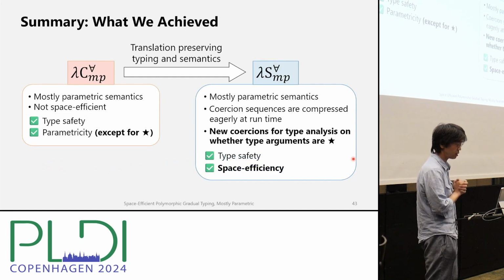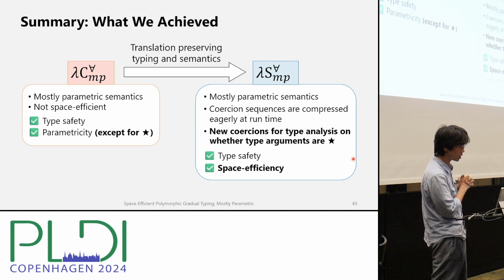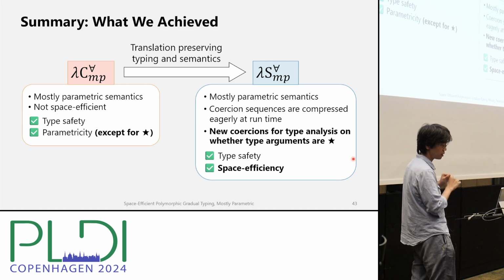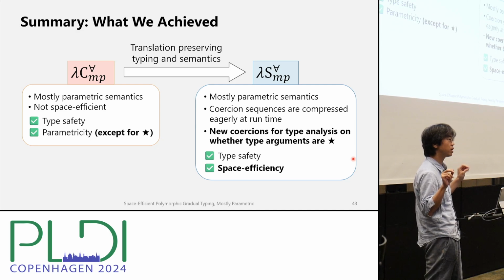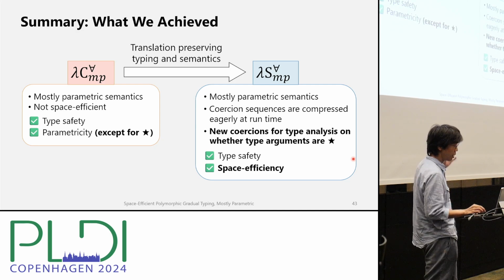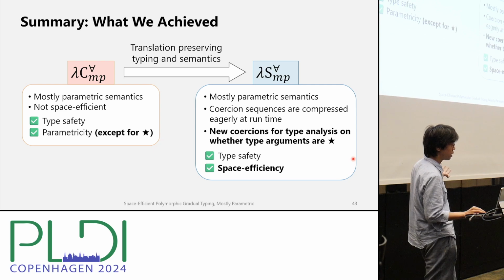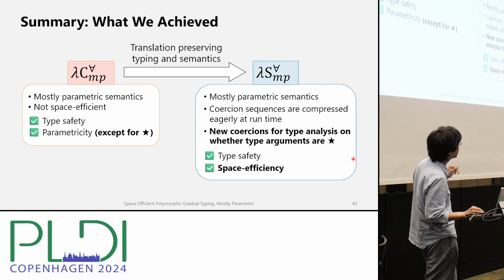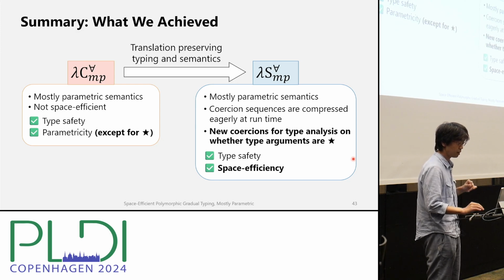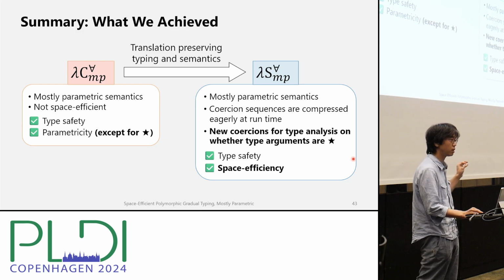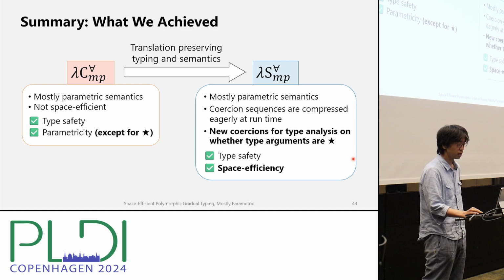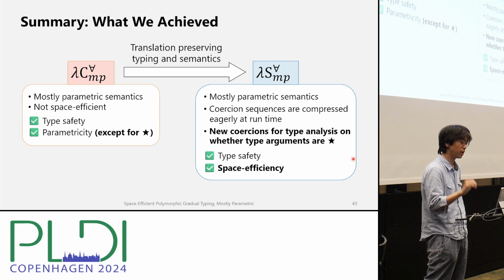Okay, let me summarize what we achieved formally. We provided two coercion calculi, lambda C and lambda S. Both calculi employ mostly parametric semantics, and we show that parametricity holds on the first coercion calculus, lambda C. And lambda S is equipped with space-efficient semantics, and we show that it actually satisfies space efficiency.